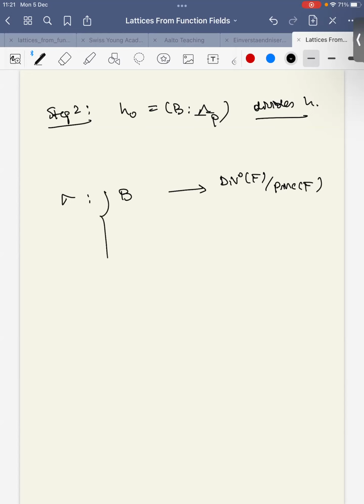We will define this homomorphism by mapping the vectors in B to the combination x1 over d1 p1, ..., xn over dn pn plus principal f. What you need to observe is that this is a degree 0 divisor, and this is a group homomorphism.